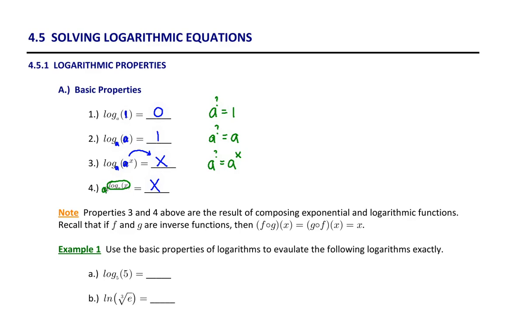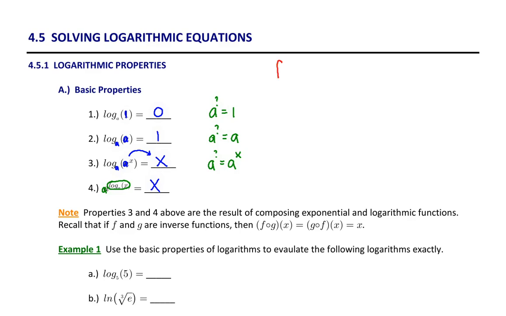Properties 3 and 4 are the result of composing exponential and logarithmic functions. Now, we've learned that if f and g are inverse functions, then we can compose them in either order and get x. That is, f composed with g of x is equal to g composed with f of x, which is equal to x.